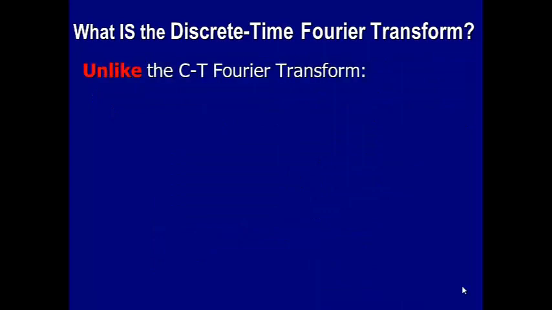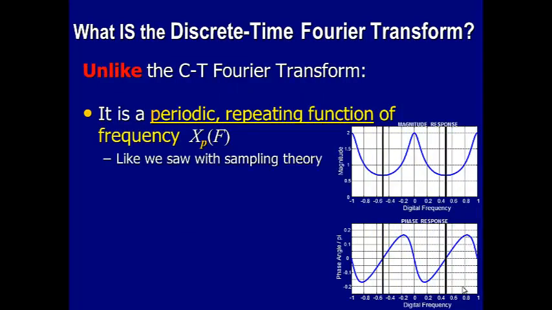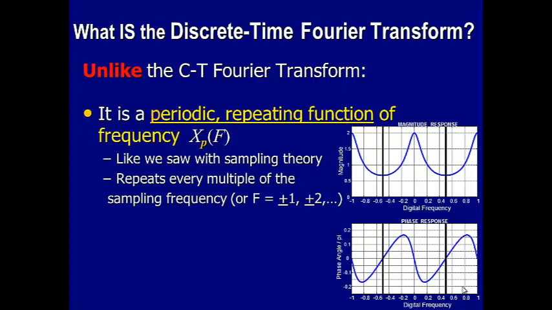Different, however, in that, we saw this with sampling theory, when we tried to look at the spectrum of a sampled signal, and lo and behold, the sampled signal seemed to have a spectrum that repeated and repeated with a period of f equals 1. So the same thing that was going on at f equals 0 happened at f equals 1, and happened again at f equals 2, and 3, and 4, and so on.